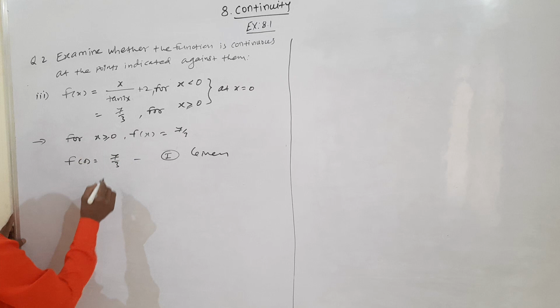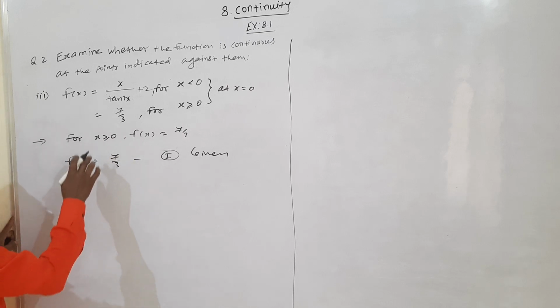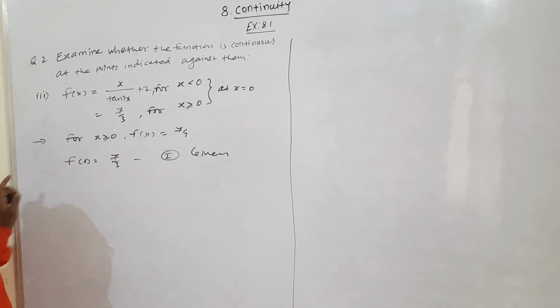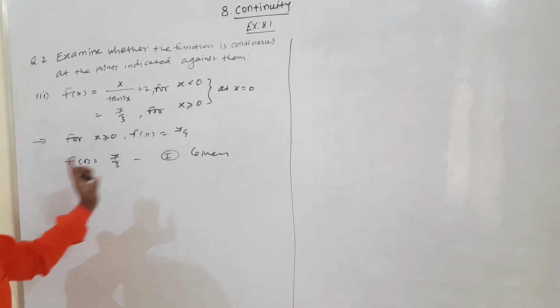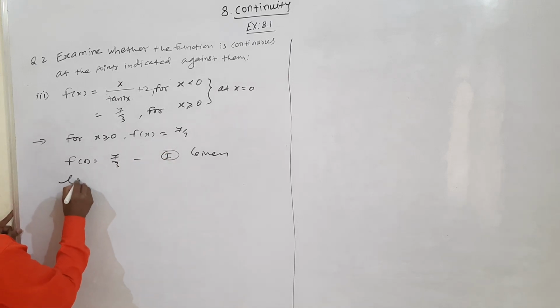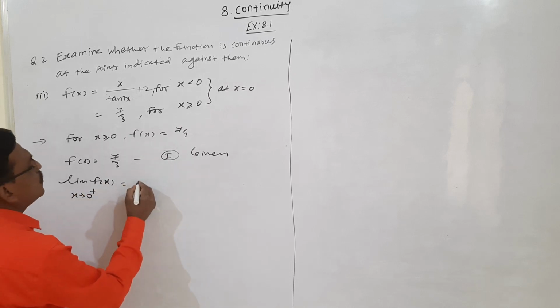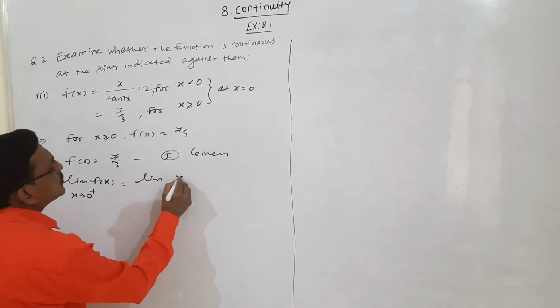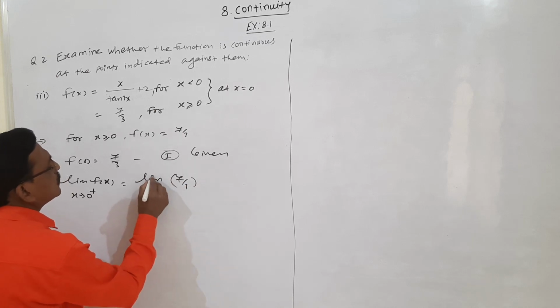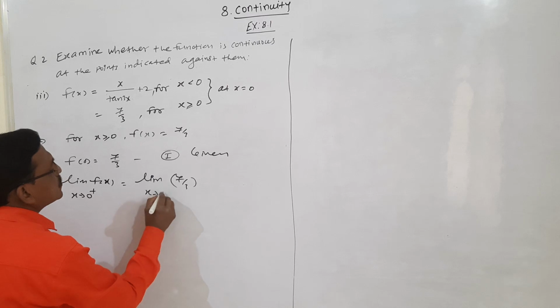Also, x is greater than 0 means apply the right hand side limit to this function. The limit as x tends to 0 plus is equal to the limit of 7 by 3 as x tends to 0.